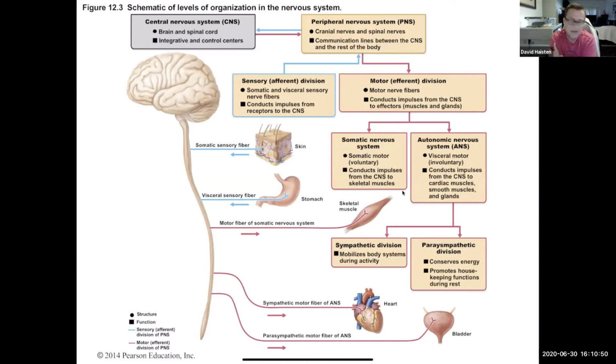ANS, the VM, involuntary division. From the CNS to cardiac muscle, smooth muscle, and glands. You can break it up into the sympathetic division, which mobilizes your body systems during activity, fight or flight, and the parasympathetic, rest and digest. Sympathetic motor fibers show one going to your heart. Your heart rate increases.